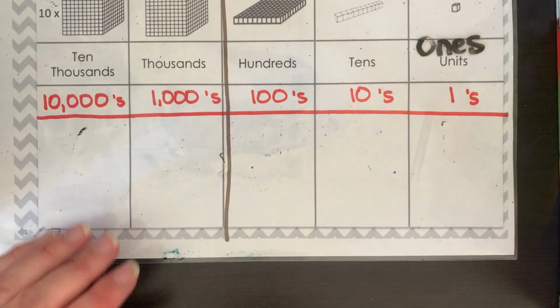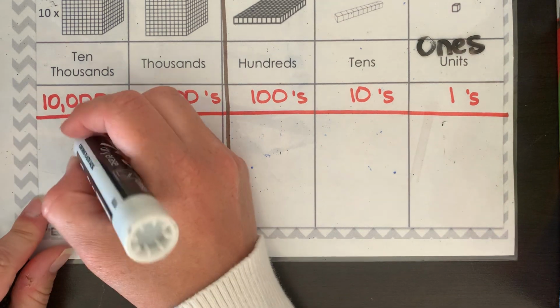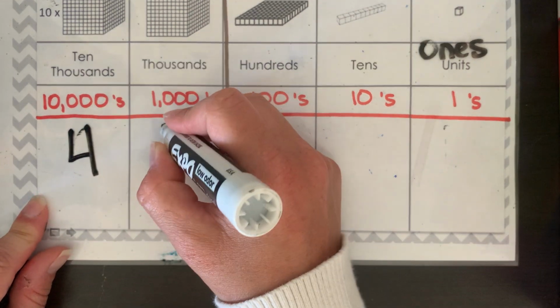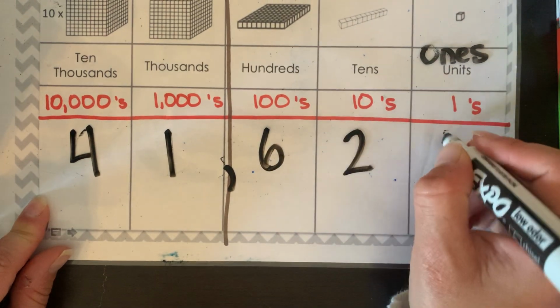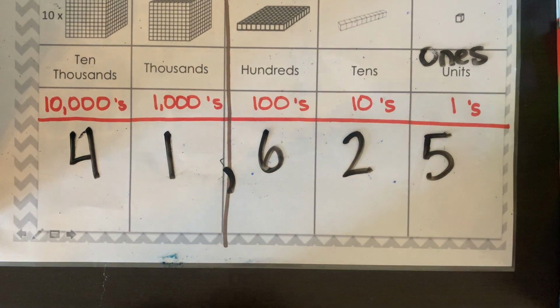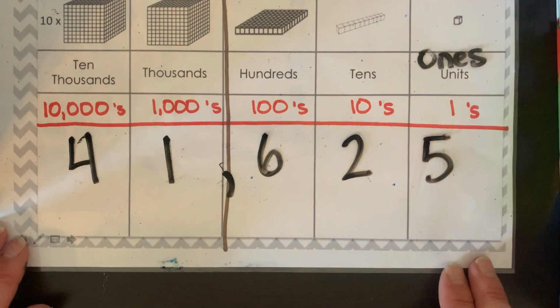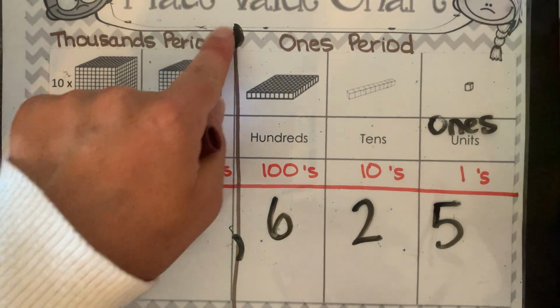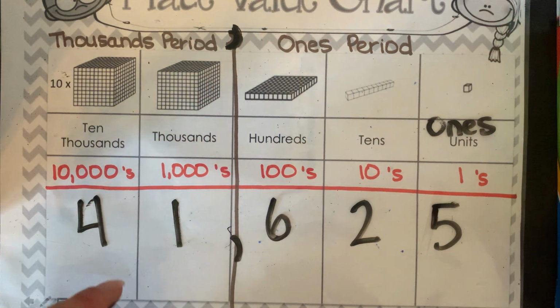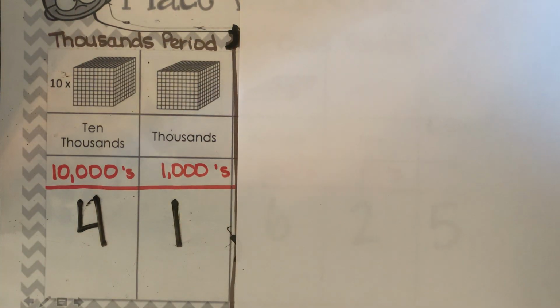Let us do 41,625. Okay, so let's try to read this first. So remember, I'm gonna isolate the numbers based on the period, which is why I have that line there that tells me when to stop. So I'm gonna cover it. The number I see is 41.